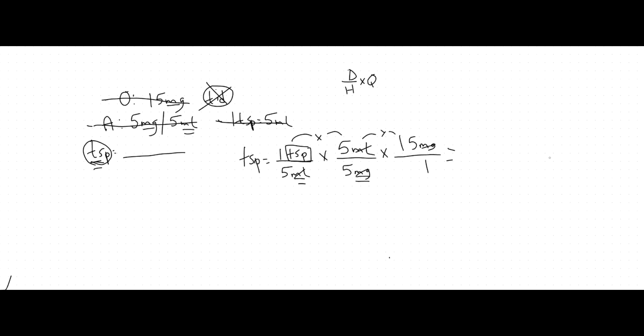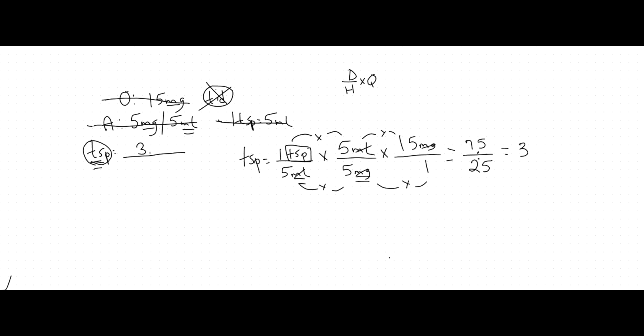Let's try that again. So now 5 times 5 is 25. 25 times 1 is 25. And then remember, this line means division. So 75 divided by 25 is 3. So we're going to give 3 teaspoons.